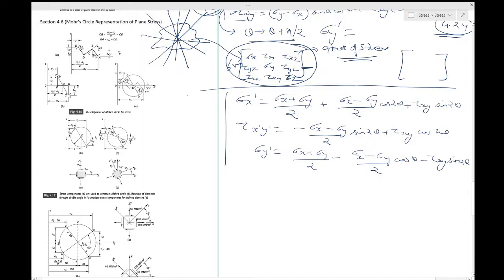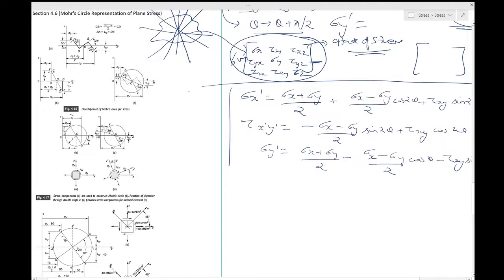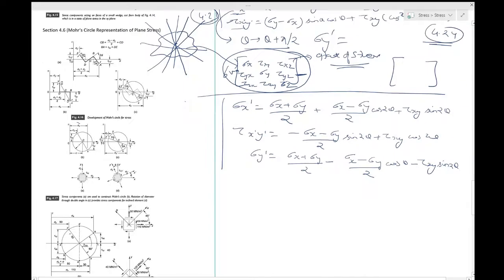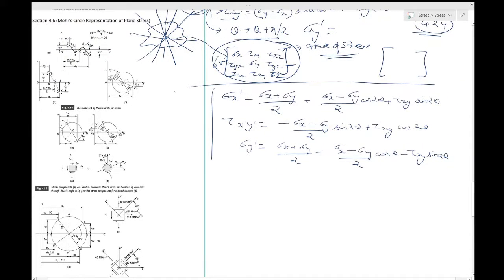Now please look at figure 4.6a. In this figure, we make a graphical representation of the first of 4.25.